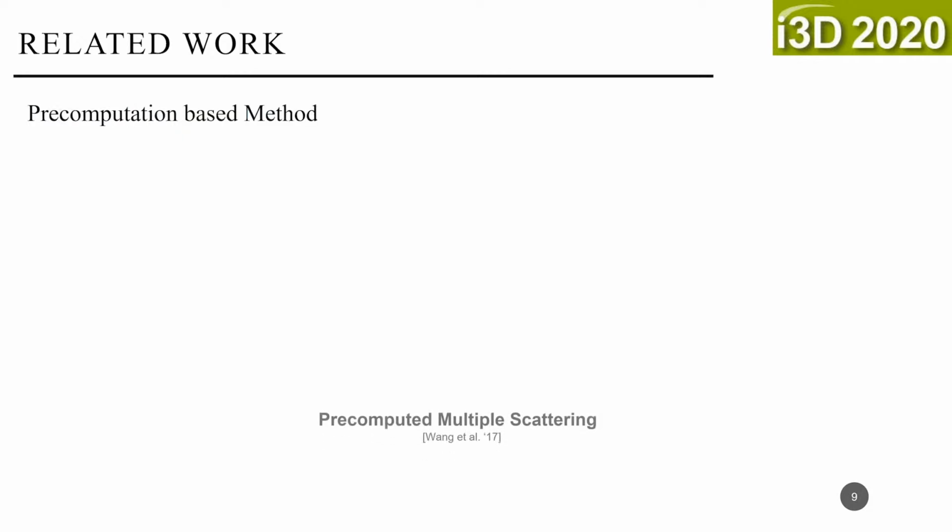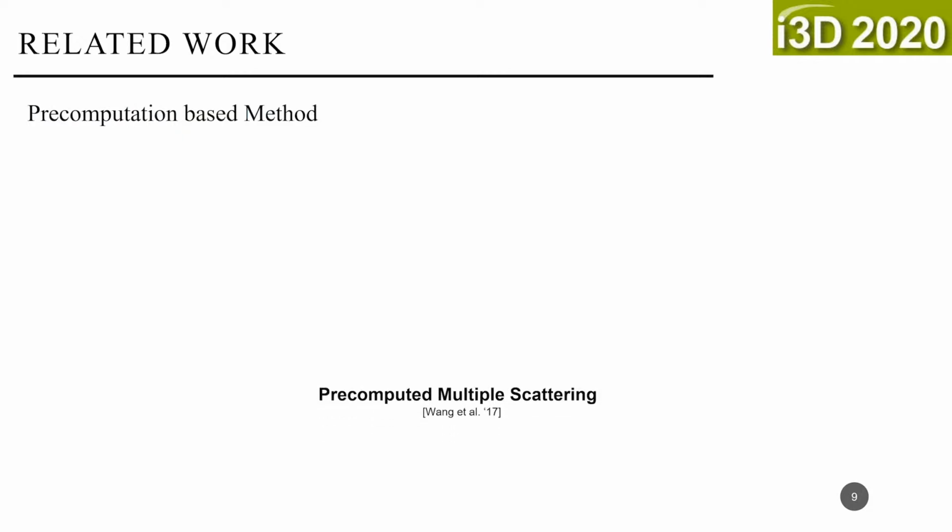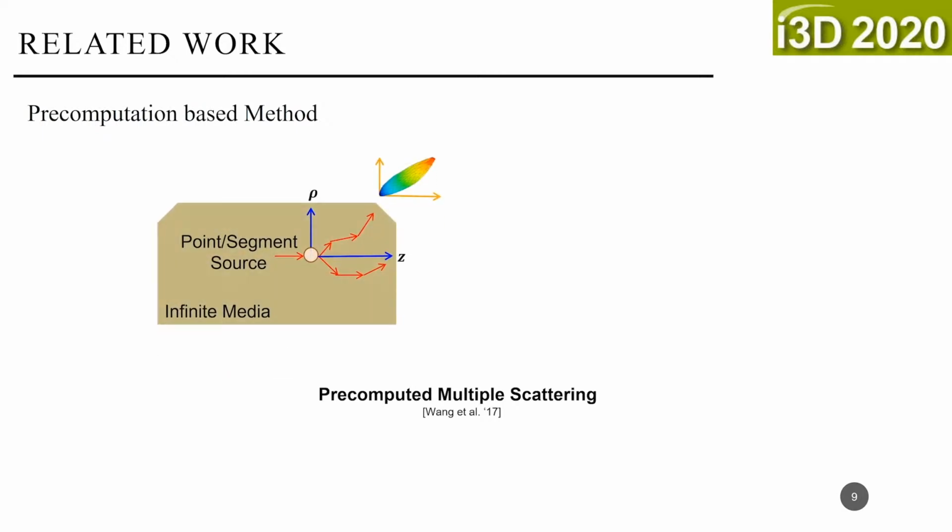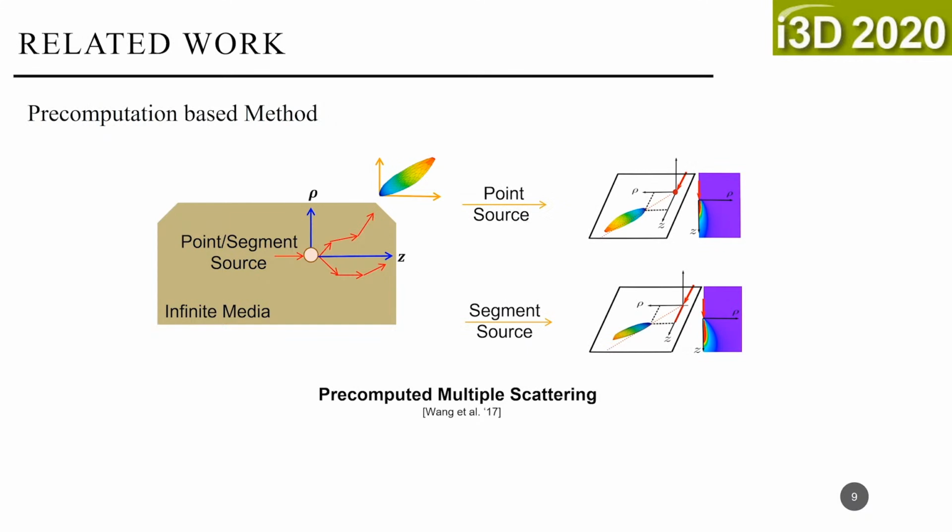Wang proposed a pre-computation method to solve expensive multiple scattering. In the pre-computed stage, they put a point light in an infinite medium and shoot a large number of photons. For multiple scattering, we store their radiance at the relative position in the table.